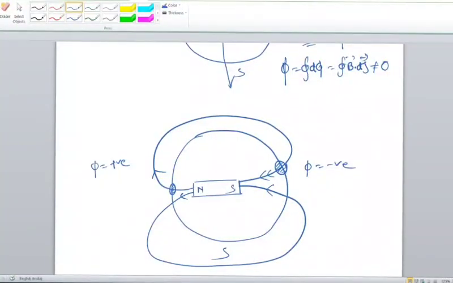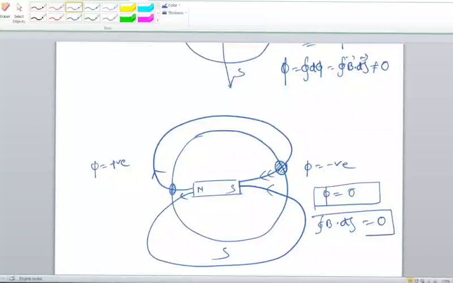So the total flux from that surface will be 0, as the number of magnetic lines of force in the inward direction is equal to the number in the outward direction. Total flux equals closed integration B dot ds equals 0, so it satisfies Maxwell's second equation.